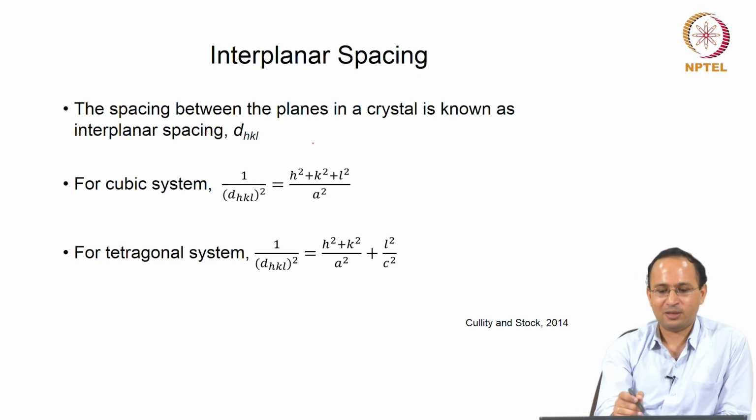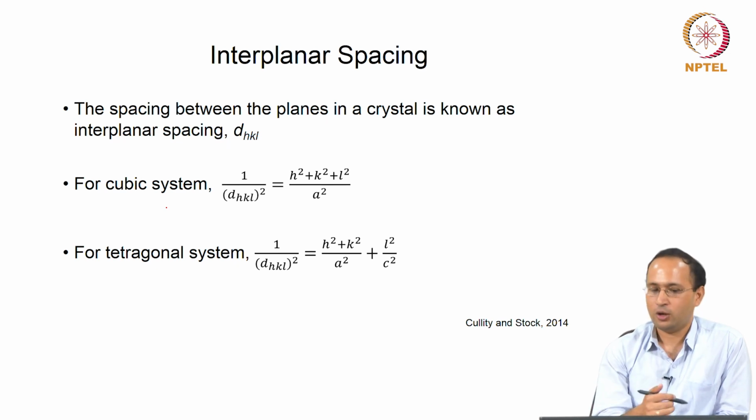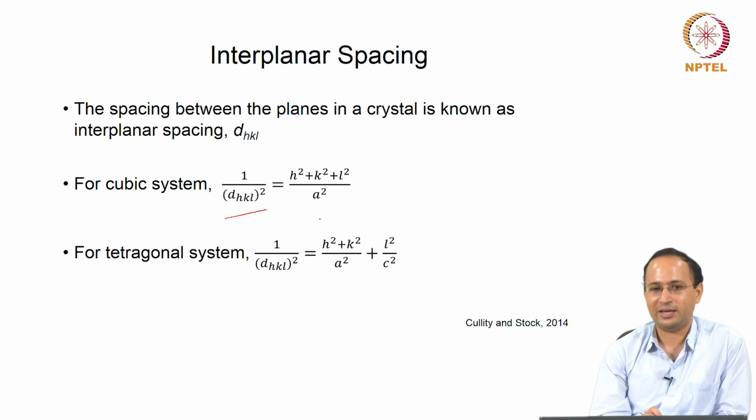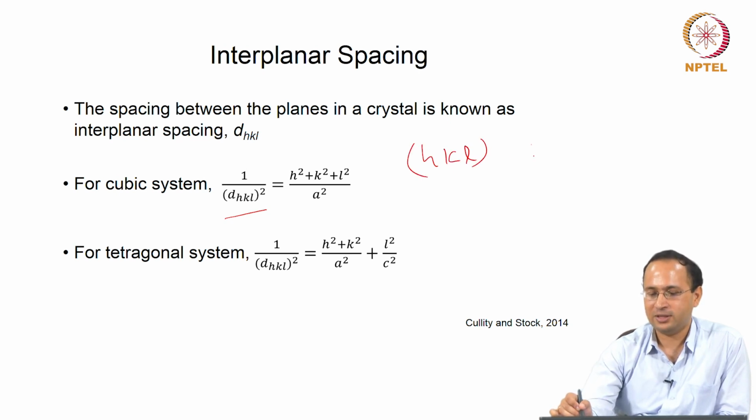For the cubic system, the relationship is 1 over d squared equals h squared plus k squared plus l squared over a squared. So if you know h k l, suppose you know the plane 1 0 0, you can calculate it: this is 1 over a squared.